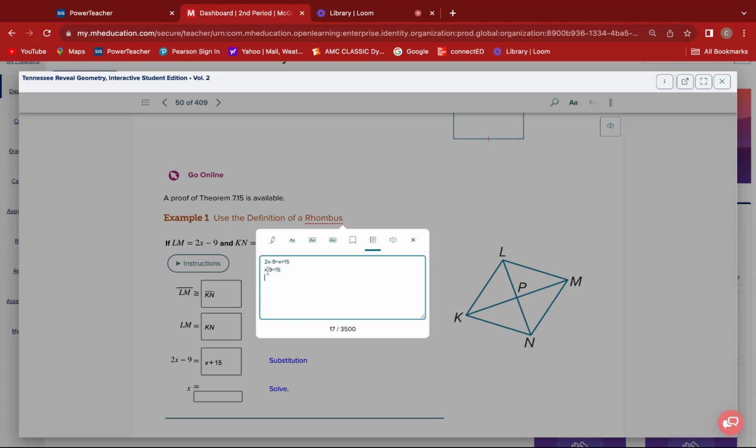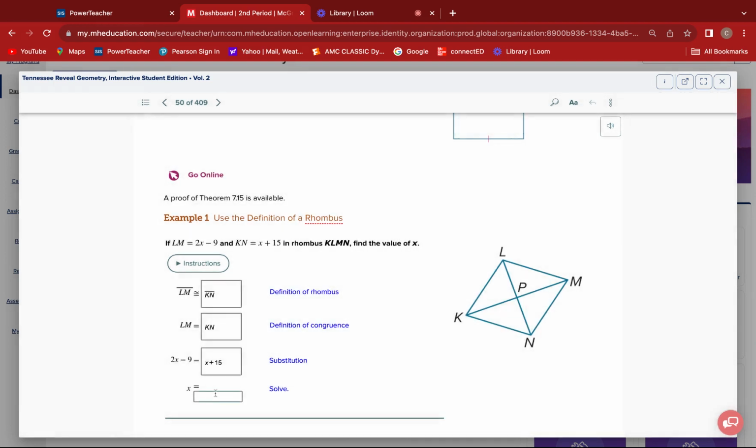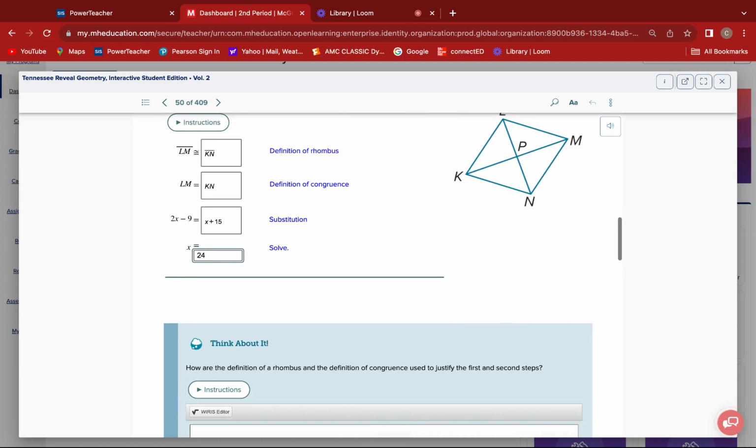The opposite of subtracting 9 is to add 9 to the 15. And 15 plus 9 is going to be 24. It looks like X is 24.